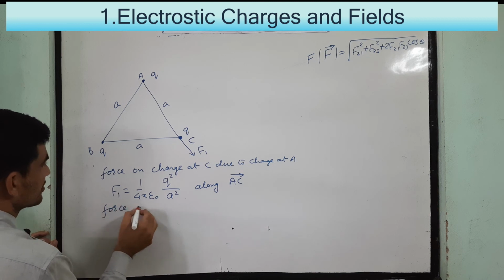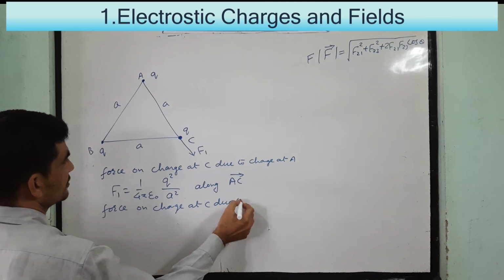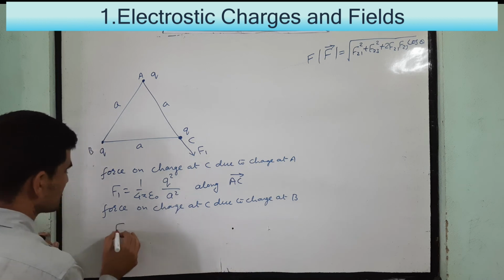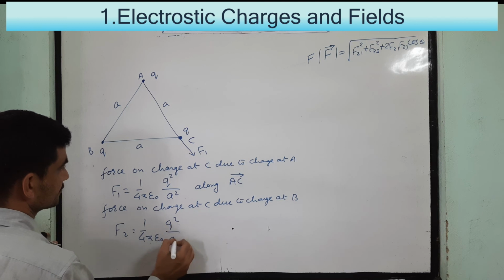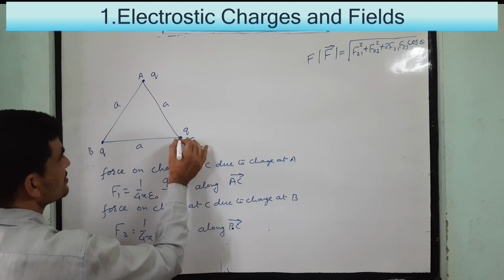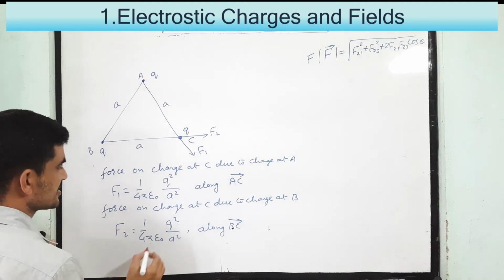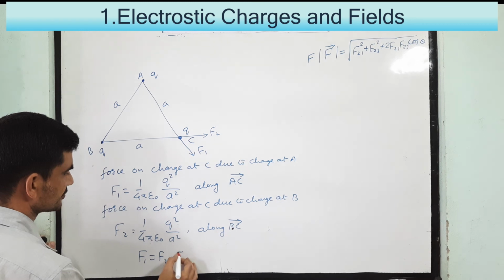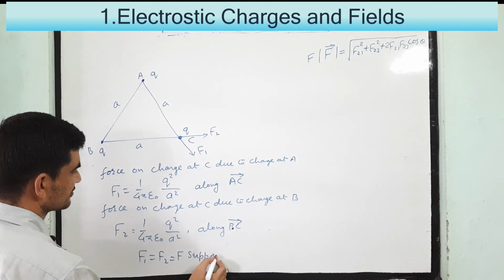Similarly, the force on the charge at C due to the charge at B, suppose it is F2, will be along BC. Since all things are equal, we can write F1 equal to F2, say F.